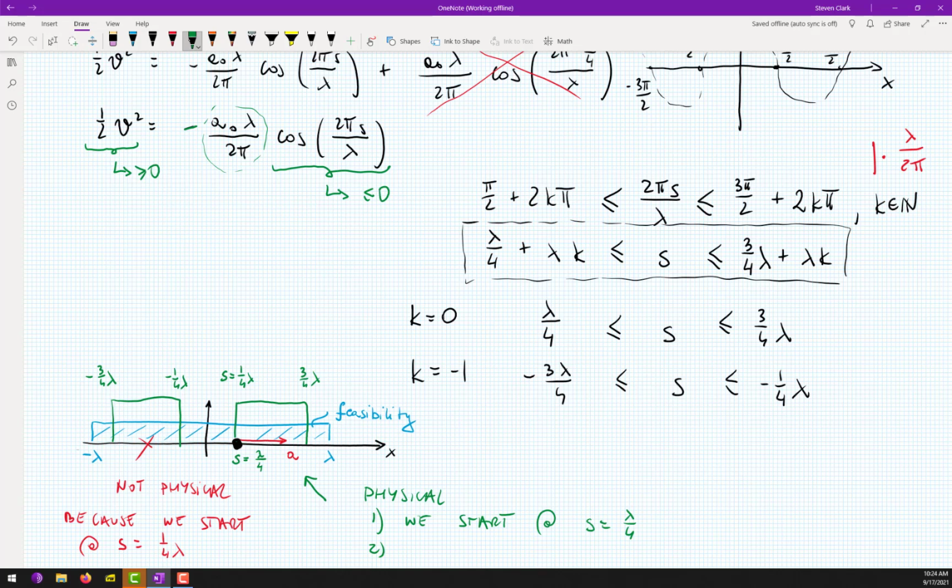And second, our acceleration: if our acceleration pointed in the opposite way, it would not be physical. But fortunately, our acceleration points towards that region, in the region. That's why we can accept it.